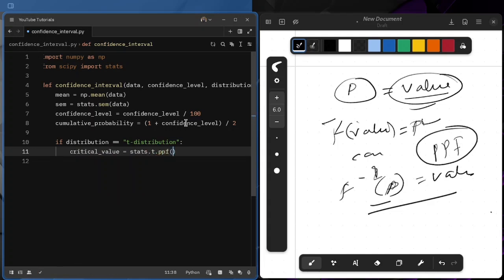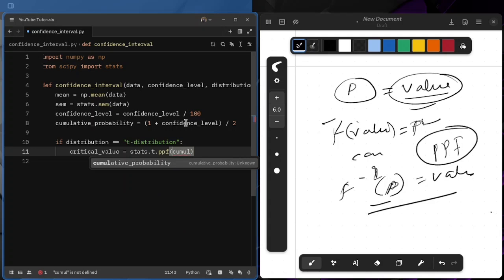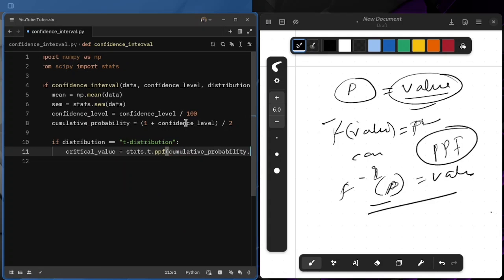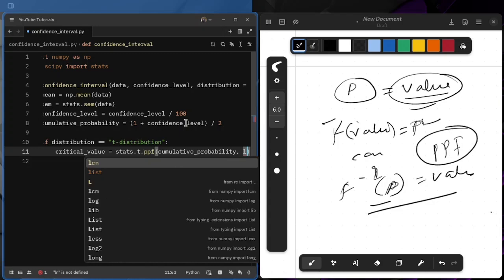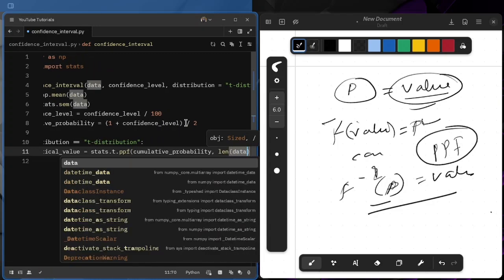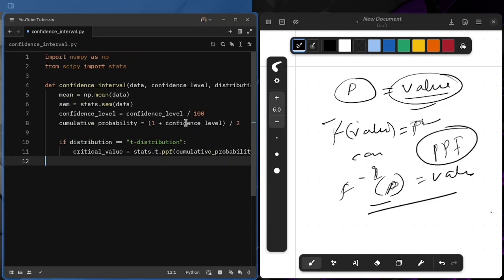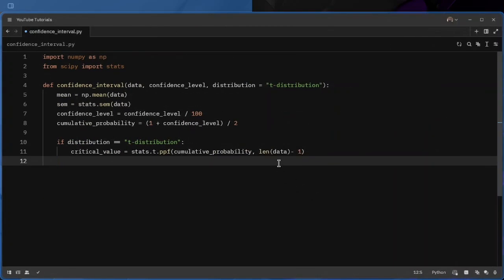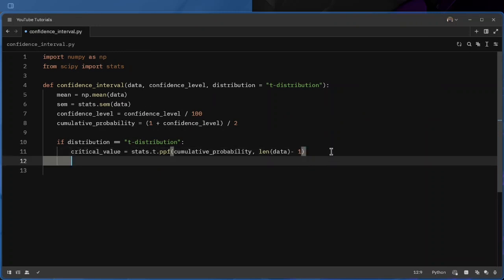And also note that here we need the degree of freedom. So cumulative probability, and our degree of freedom will be nothing but length of the data minus 1. Okay, so let's see, we have the length of the data.